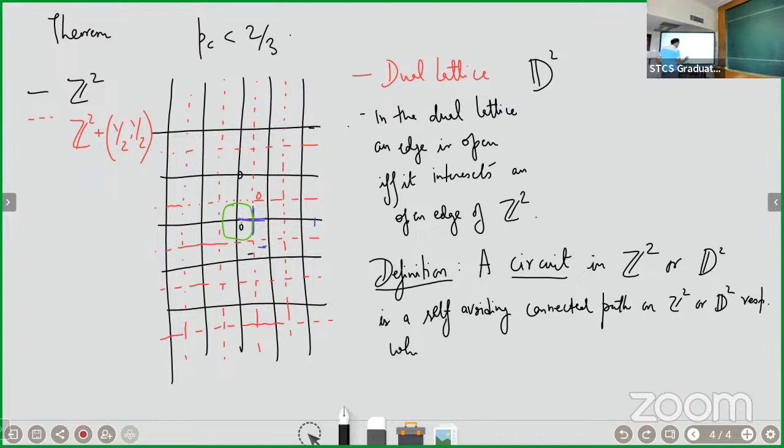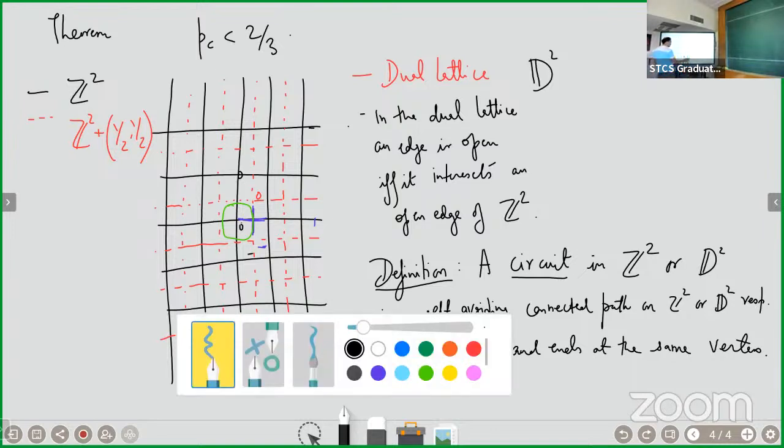It starts and ends at the same vertex. So define a circuit for me.